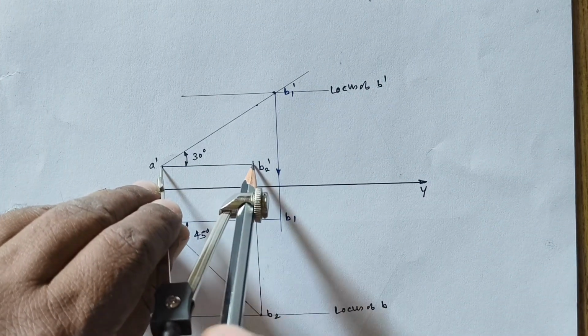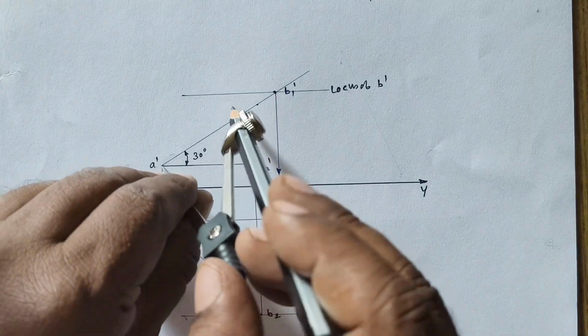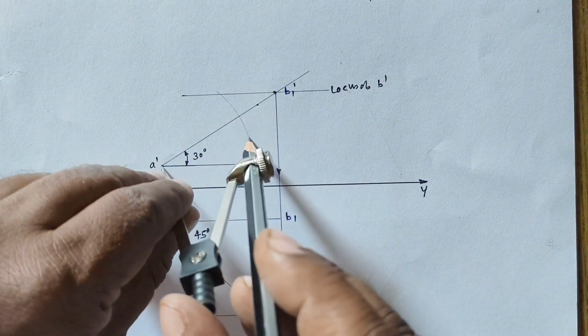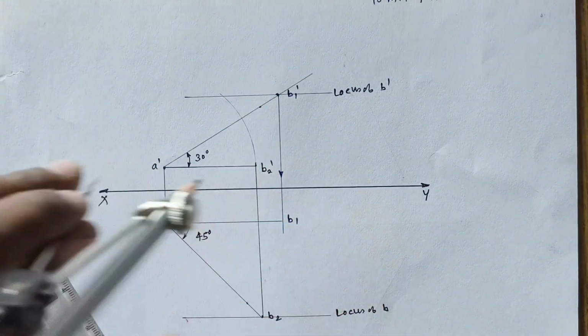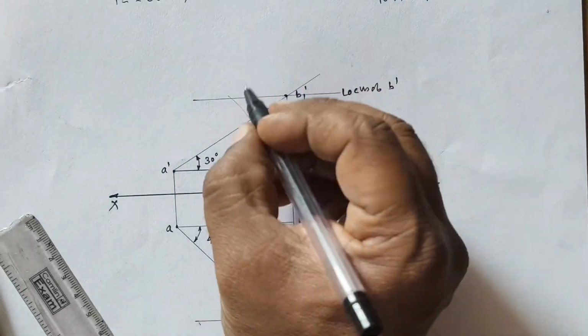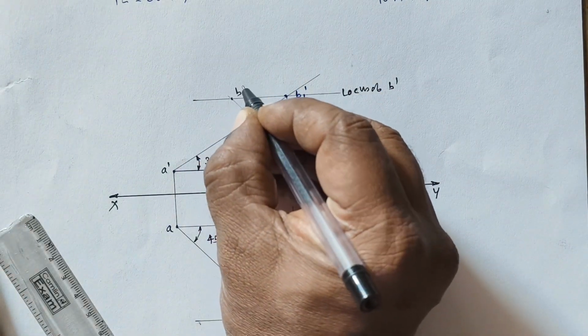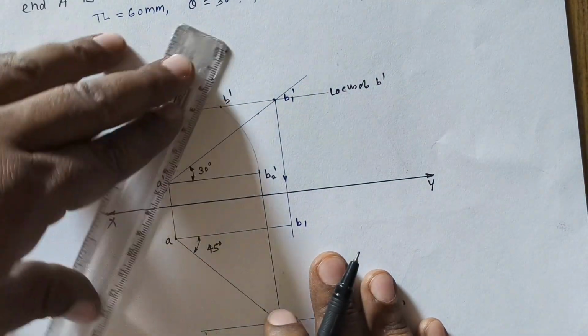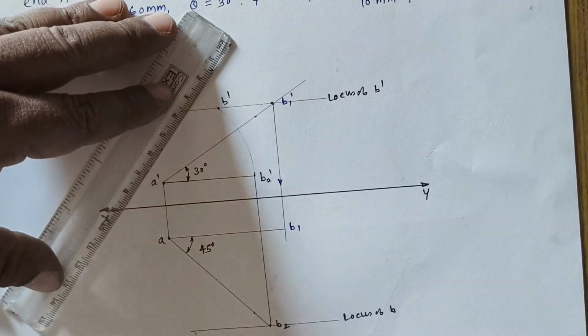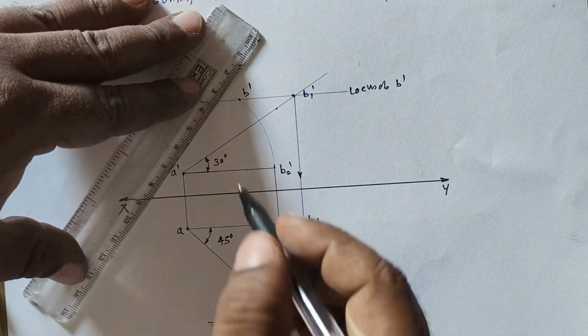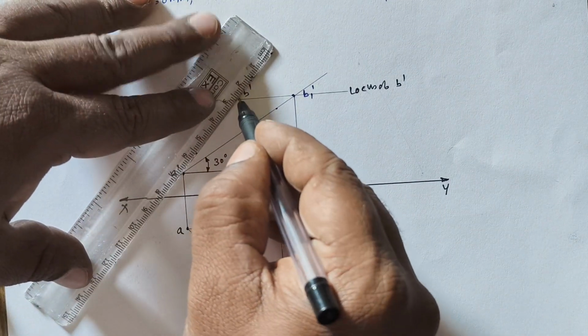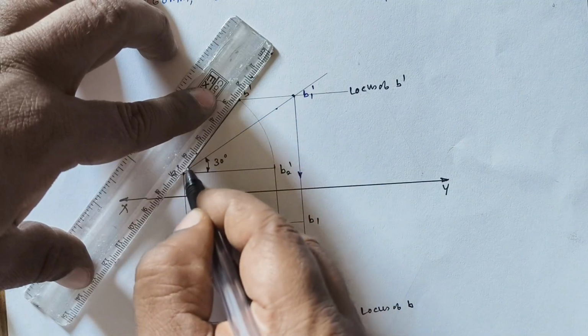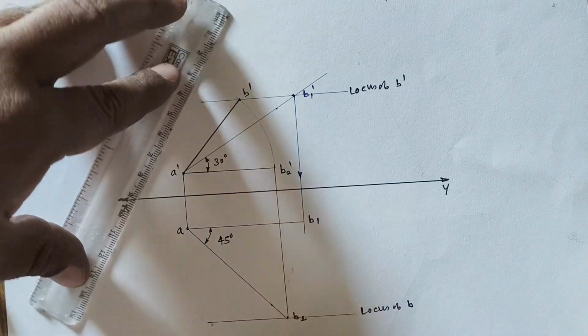So take this A dash B2 dash distance in compass and rotate this up to the locus of B dash. So this will be the B dash point, which is our front view. So I will join this front view here. This is the front view of this line.